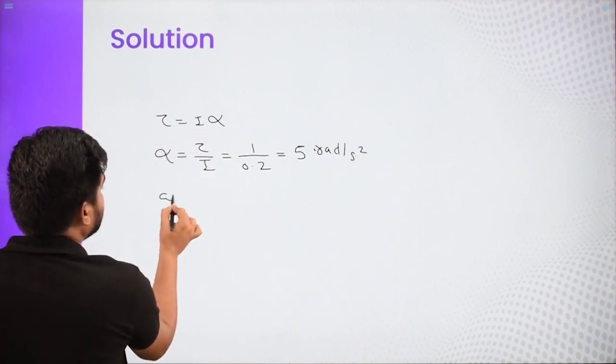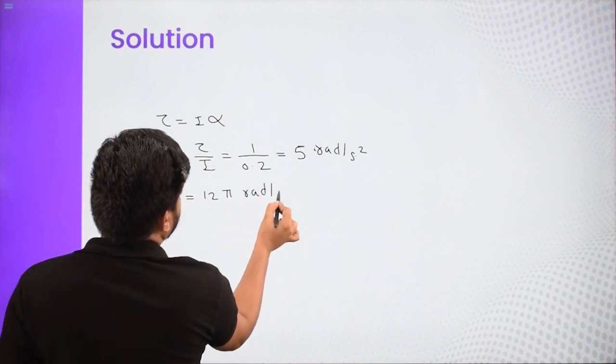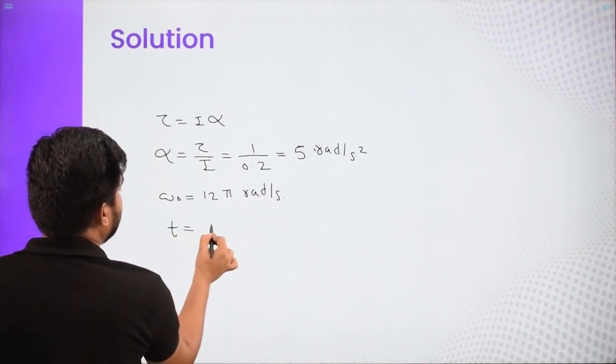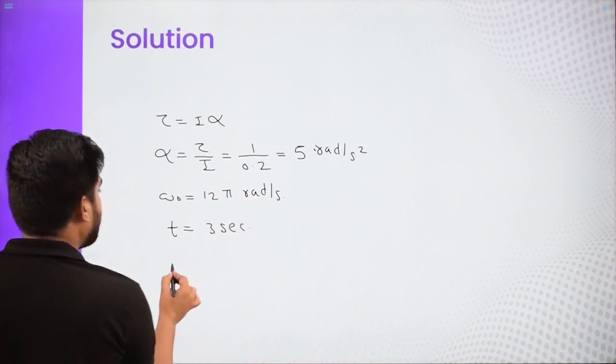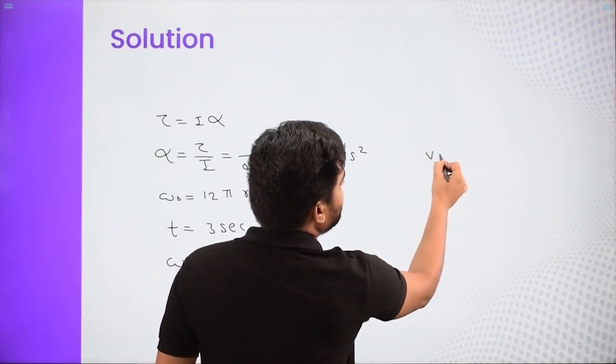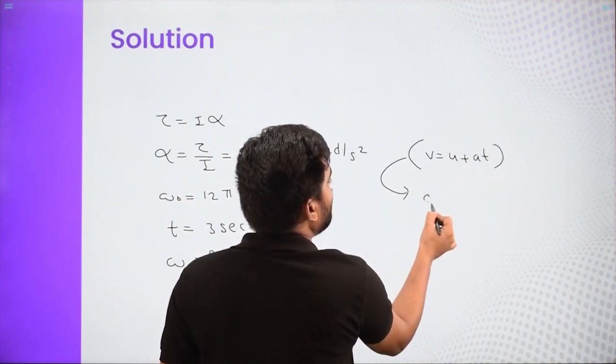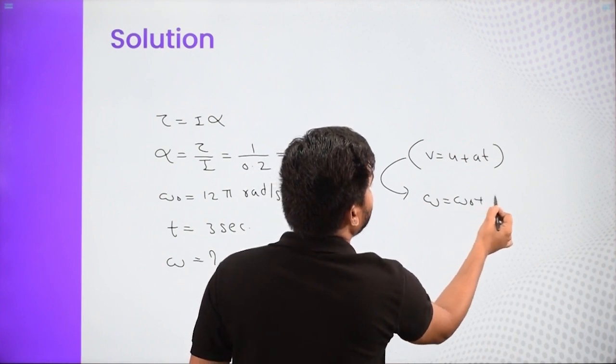The omega naught is already given, 12 pi radian per second. Time is 3 seconds and we need to get the omega final. We can apply the equation V is equal to U plus AT, its rotational analog, which is omega is equal to omega naught plus alpha t.